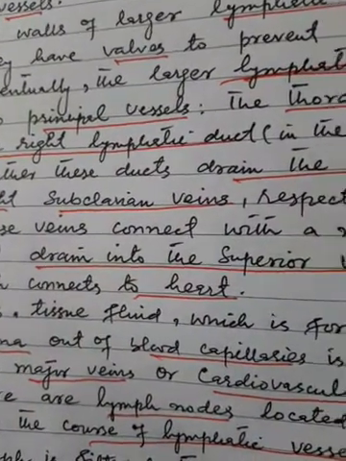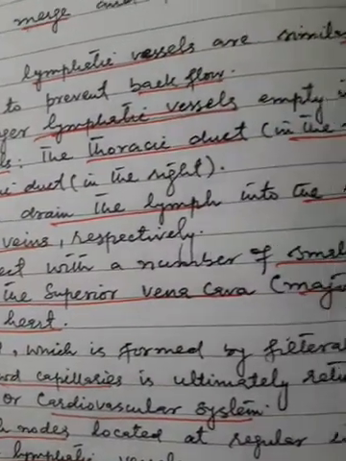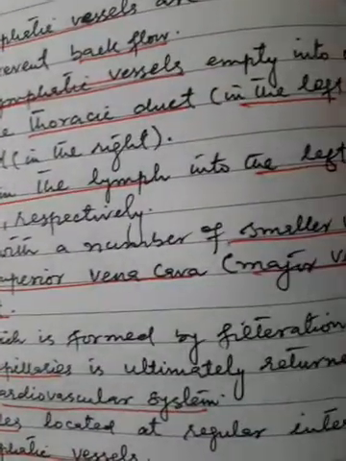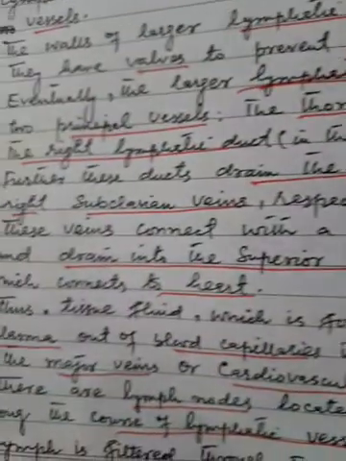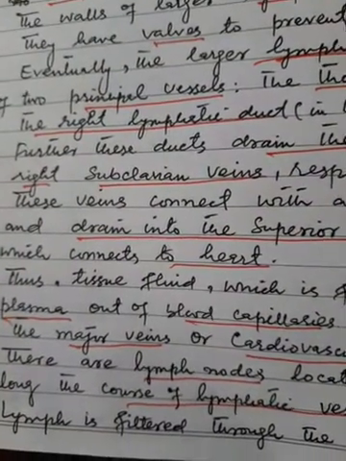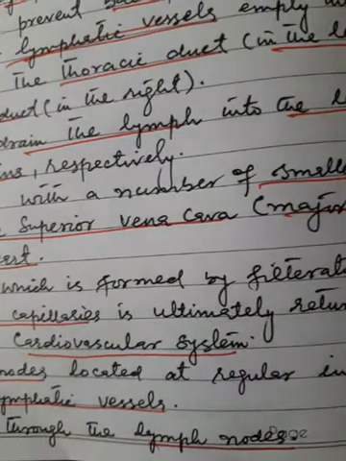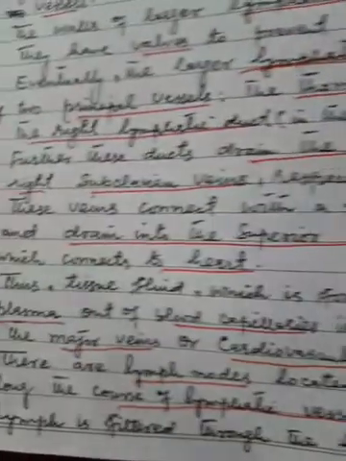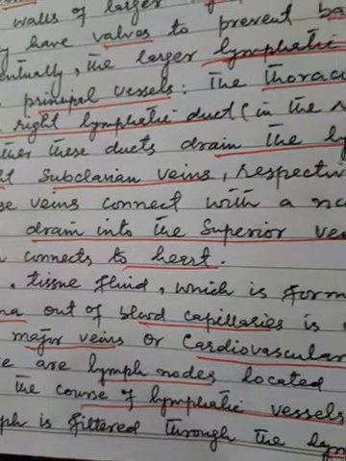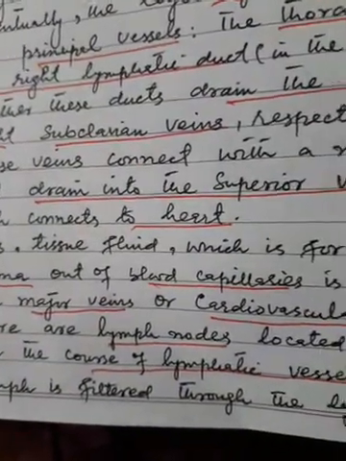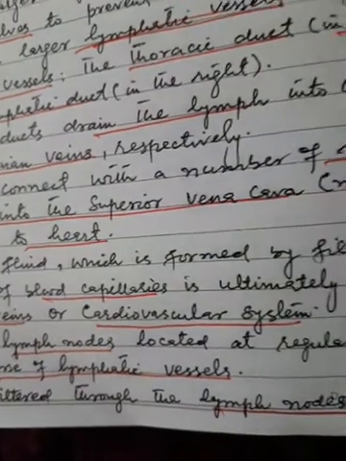These veins connect with a number of smaller veins and drain into the superior vena cava, which is the major vein which connects us to the heart. Thus, tissue fluid, which is formed by filtration of plasma out of blood capillaries, is ultimately returned to the major veins or cardiovascular system.